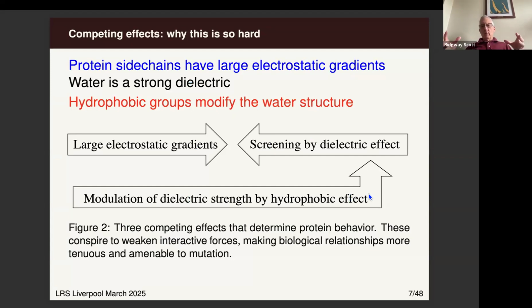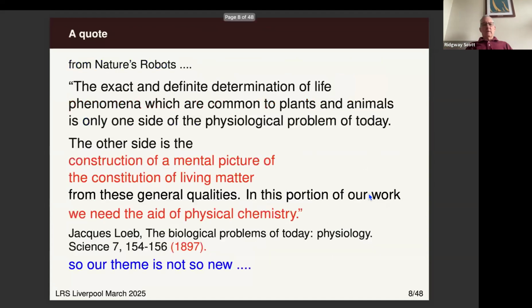Hydrophobes can move water away, and so that changes the screening. So it's the balance of those three forces that we're trying to understand here. And why physical chemistry? Maybe you've been to many talks on bioinformatics where people bring in physical chemistry, but certainly when I first got involved, I was a little bit surprised not to see more physical chemistry reasoning.